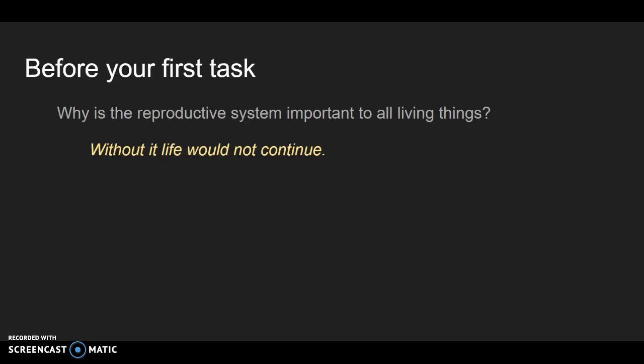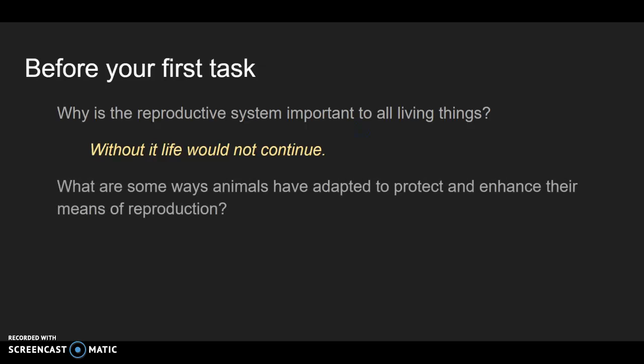Their existence would cease to be, so there wouldn't be life without it. Okay? What are some ways that animals have adapted to protect and enhance their means of reproduction? So how have animals and organisms changed over time so that they are able to continue to exist as a species? Give you a second to think about that.